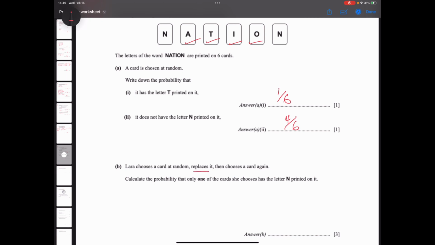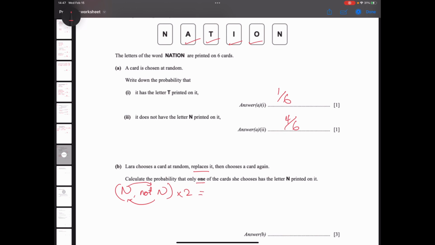Calculate the probability that only one of the cards chosen has the letter N printed on it. So you're going to say the first is N, and the second is not N, multiplied by 2 again because of the order of operations here.